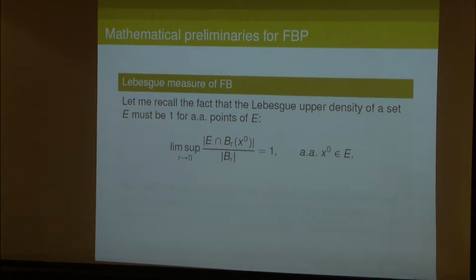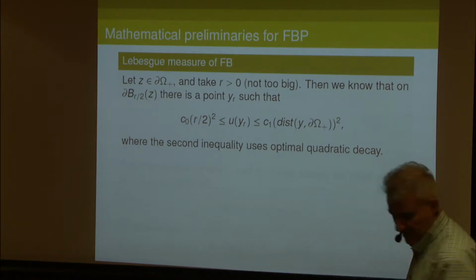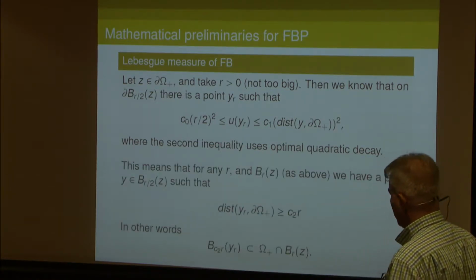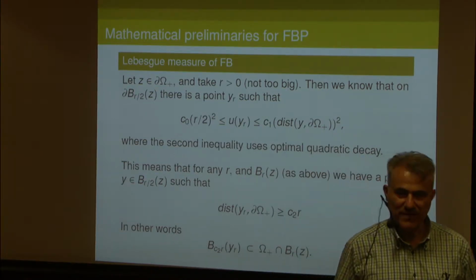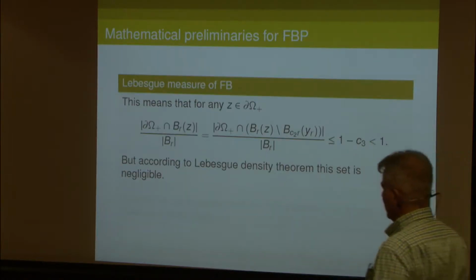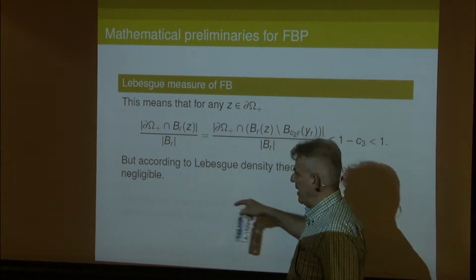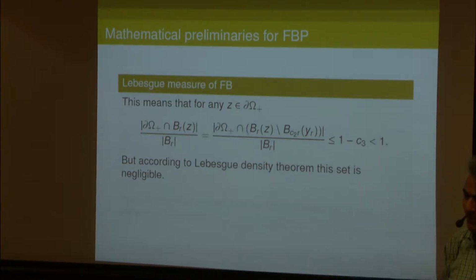So here it is. These two things, one from below, one from above, will tell us that we have balls of radius proportional to r inside the set when u is positive, and that tells us that the next step would be that the Lebesgue density of the boundary cannot be 1 at a point.